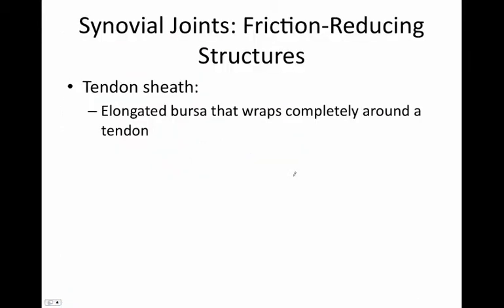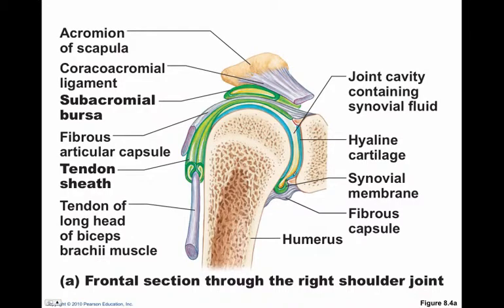Among the friction reducing structures, we have a tendon sheath, which is essentially an elongated bursa that wraps completely around a tendon. If we think about carpal tunnel, a lot of times with repetitive movement of a tendon, this bursa can actually be worn down, and we can start to have inflammation and pain from that.